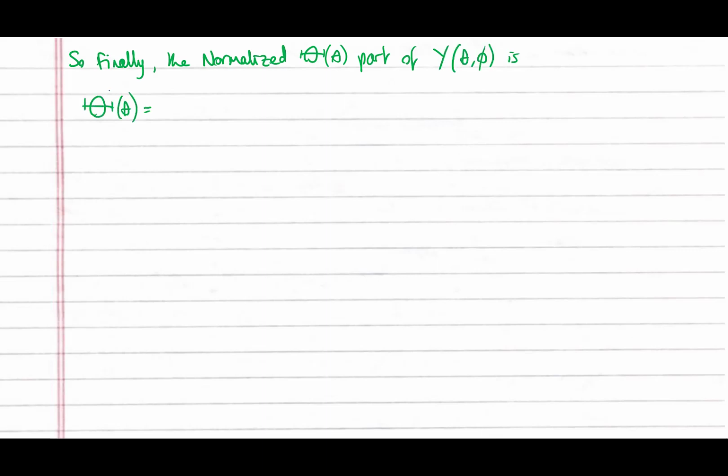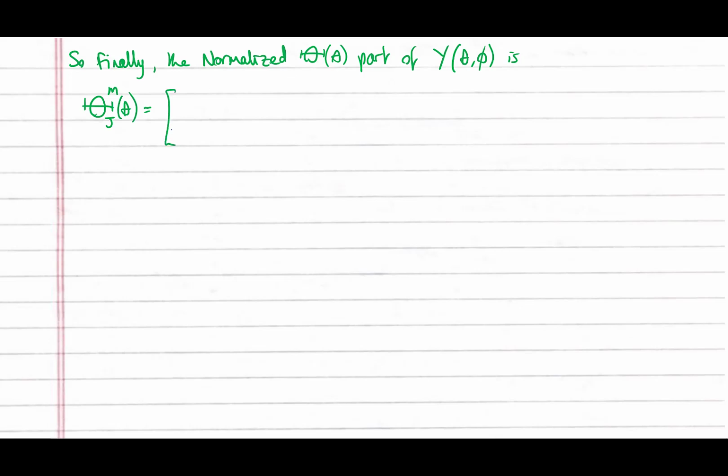So finally, the normalized theta part of Y is given. Let's write down what that is now, and we'll actually put in here the little m and the j. Again, we're going to recognize that this function is really based on these quantum numbers of m and j.